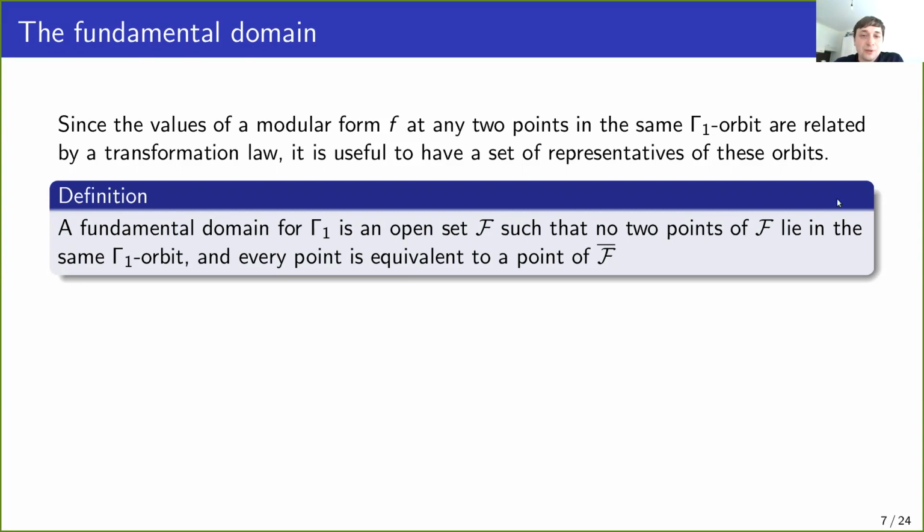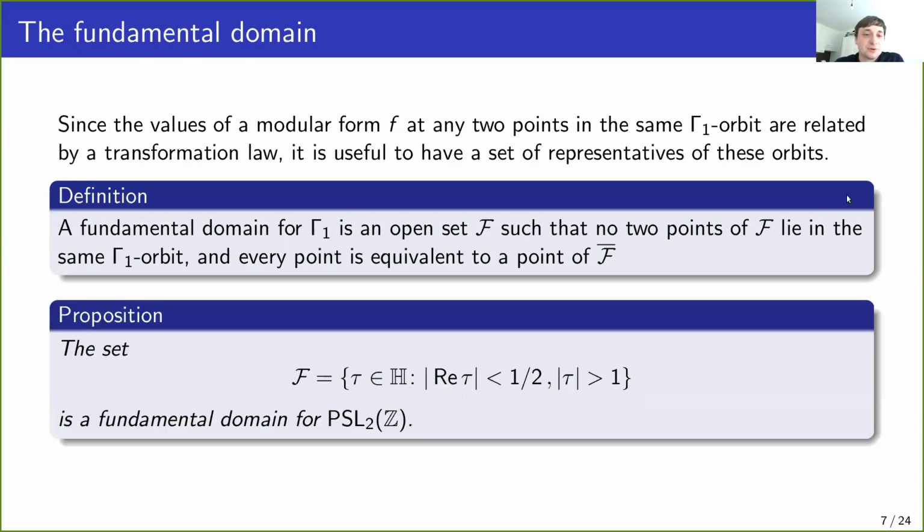For SL2Z, this is a famous picture that probably many of you saw before. This fundamental domain is easy to describe: it is the set of points in the strip between -1/2 and 1/2 which have absolute value greater than 1, of course in the upper half plane.